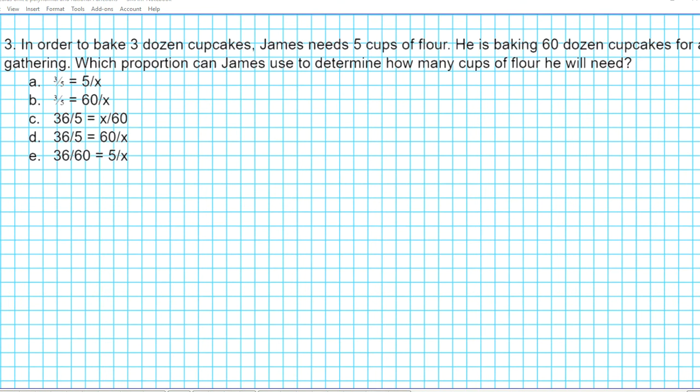For number 3, we're just going to set up a ratio. Here we're looking at dozen cupcakes and cups of flour. So we're going to put dozen cupcakes and cups of flour.